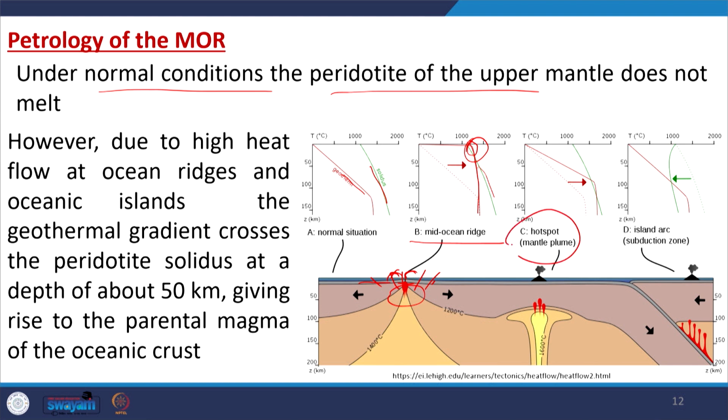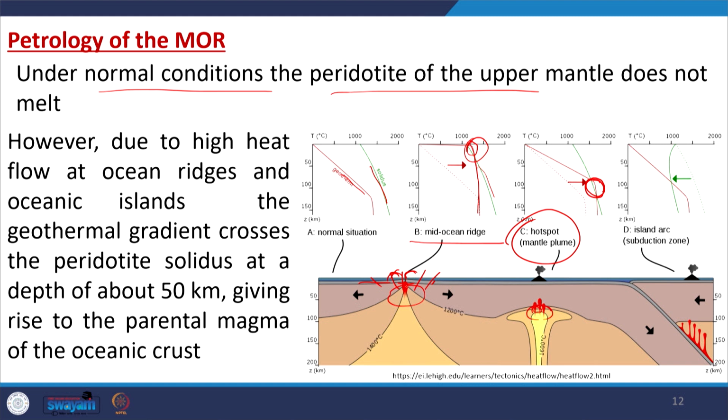However, if you see the hotspot, it is coming from the D double prime layer. If you remember correctly, it is coming from the D double prime layer, which is at a higher depth. Now, if you see here this geotherm and the solidus, they are cross cutting at a depth of this much. So, that is why this hotspot magma is generating from this level.